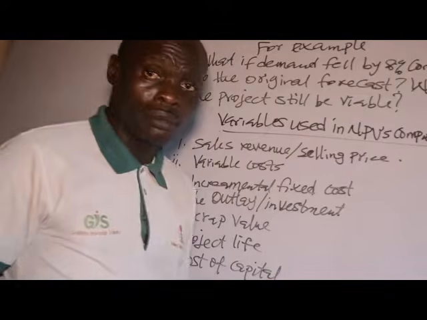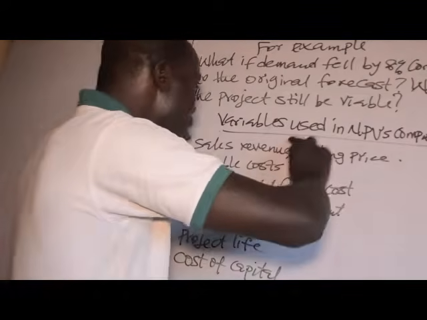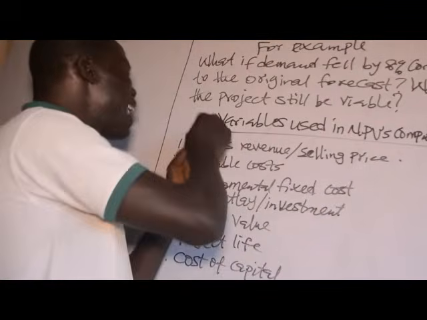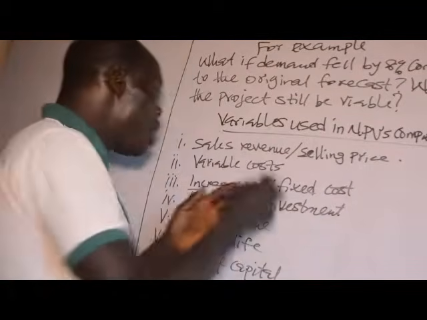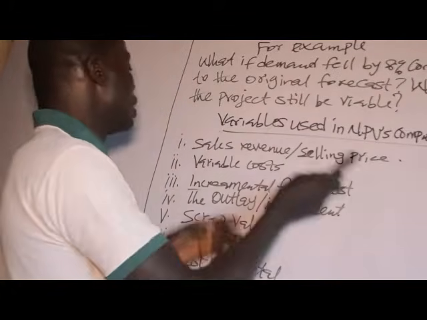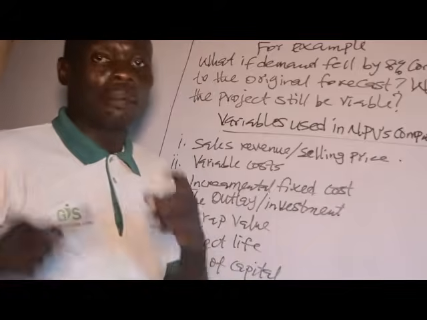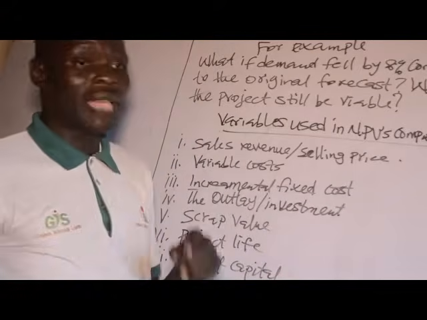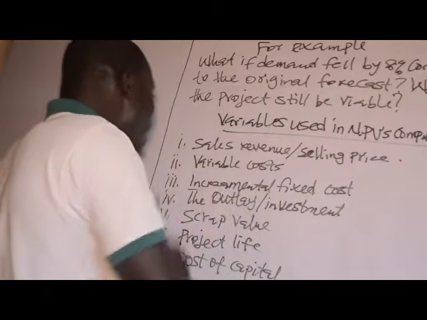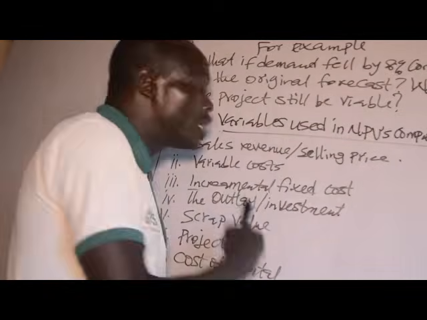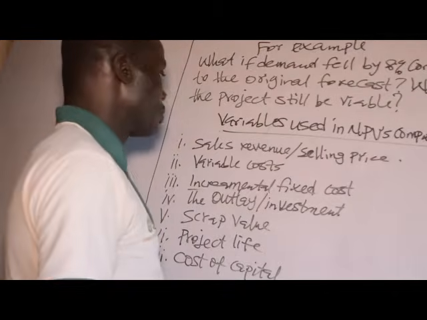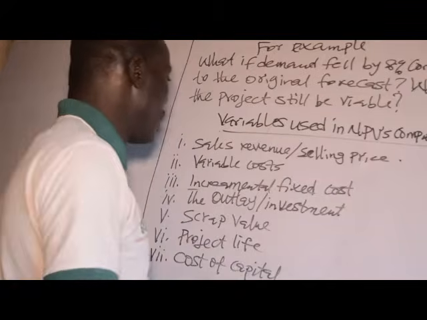So where a project is producing positive NPV, by what percentage can any of these variables be changed so that the project will still be acceptable? That means if you change the variable by more than that percentage, that project will not be acceptable again. That is, it will not be producing a positive NPV.